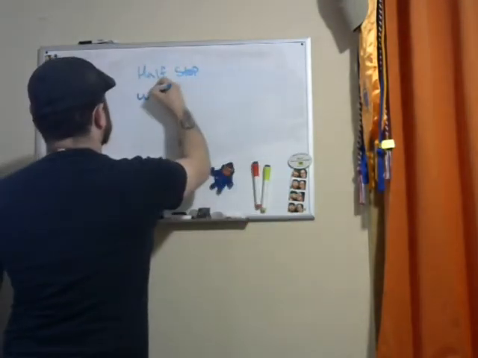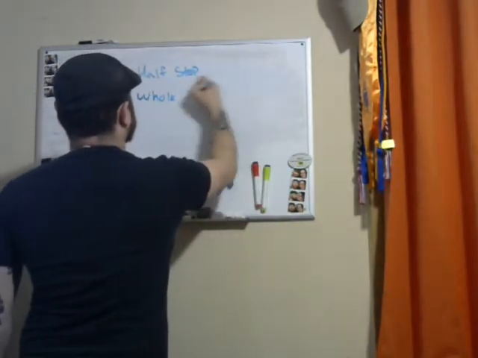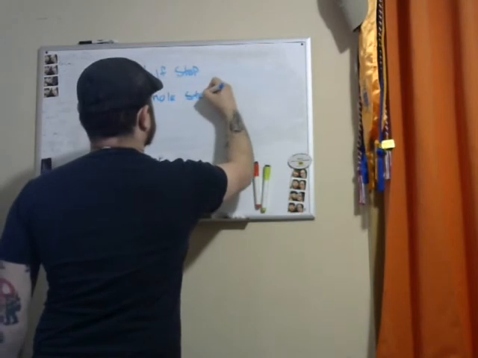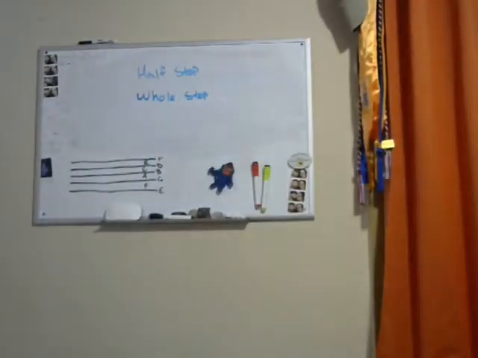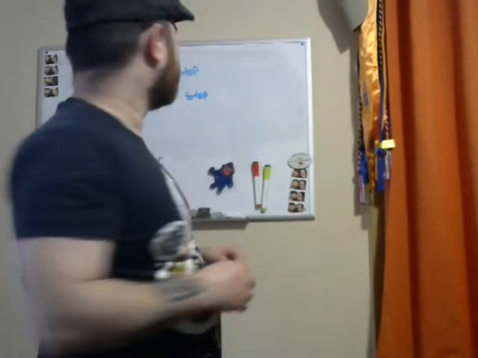Okay? So we have half steps and whole steps. Alright, and we can use those half steps and whole steps to make a scale.